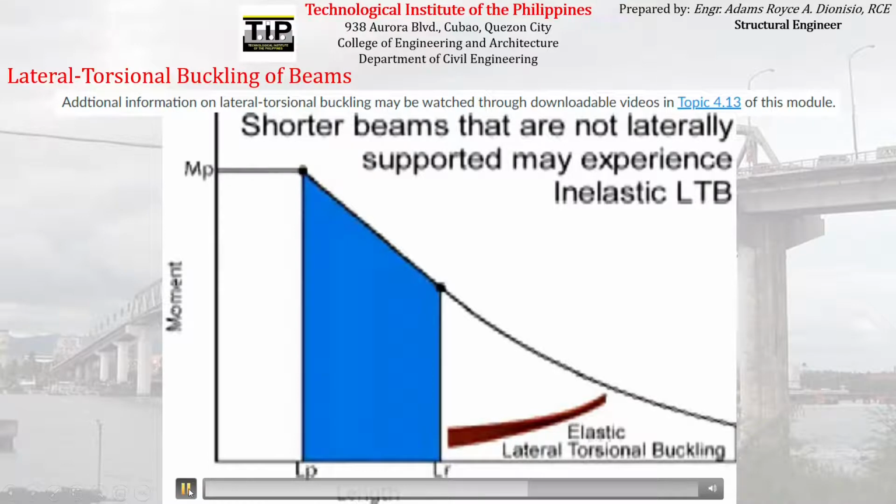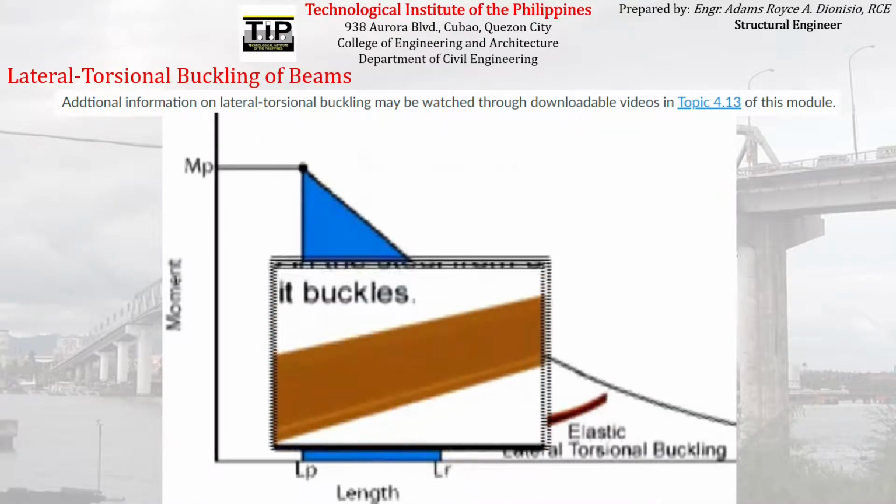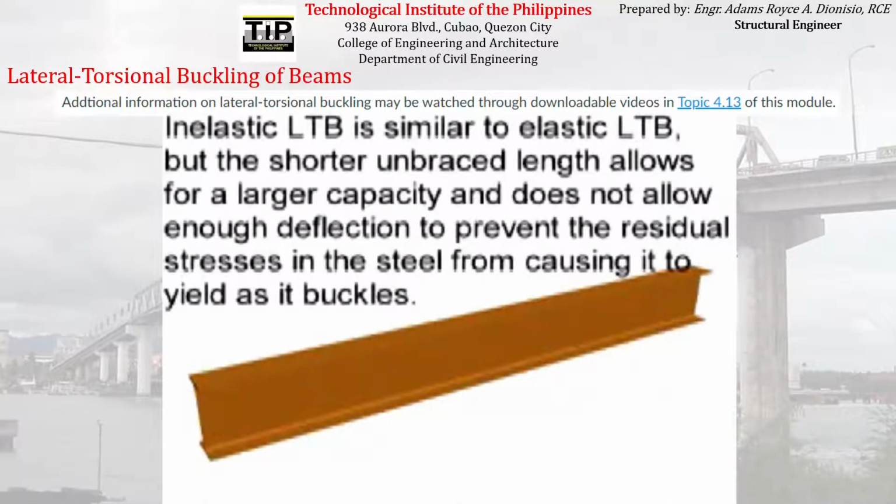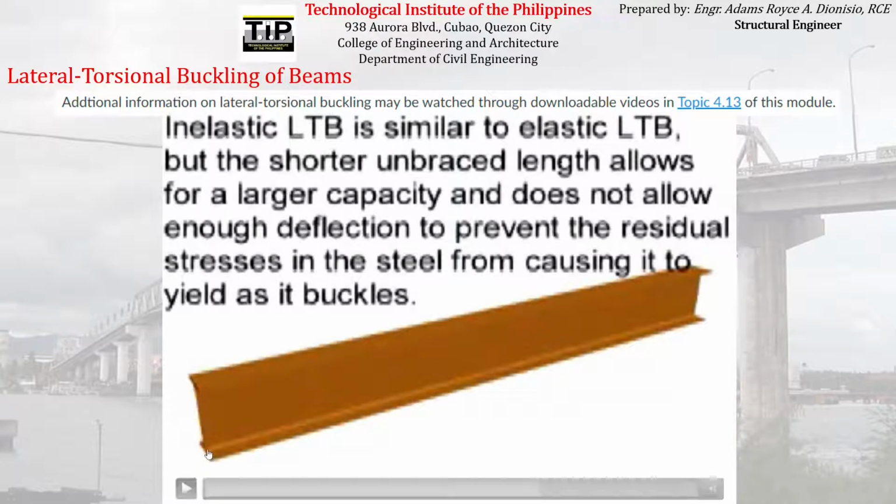Hindi na siya magiging upright. Meron ng permanent deformation. Inelastic lateral torsional buckling is similar to elastic lateral torsional buckling, but the shorter unbraced length allows for a larger capacity and does not allow enough deflection to prevent the residual stresses in the steel from causing it to yield as it buckles.